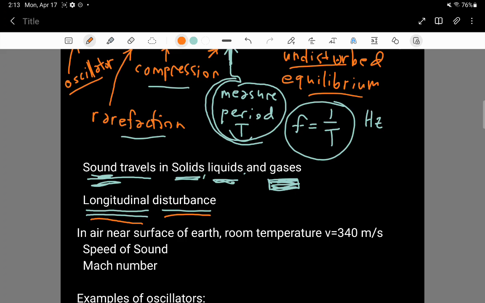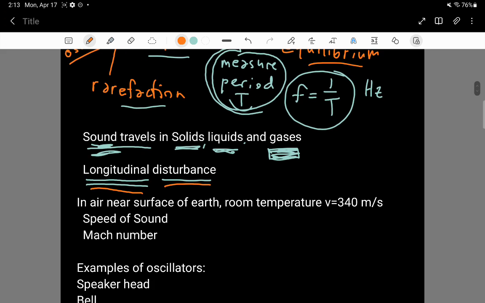Cool. So here's another interesting detail. In air, down near the surface of the earth, the air pressure has a certain value, and the air pressure is less the higher up in the atmosphere you go.